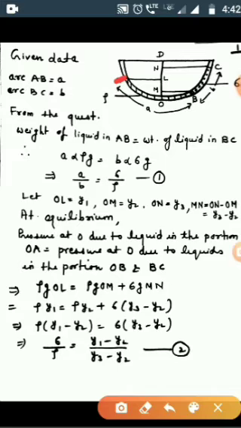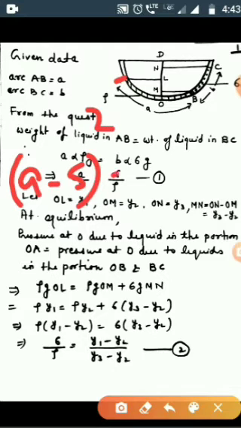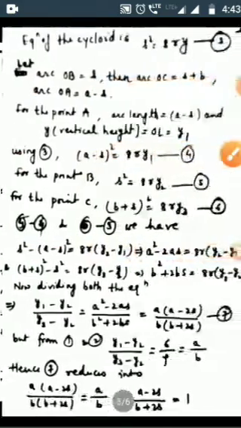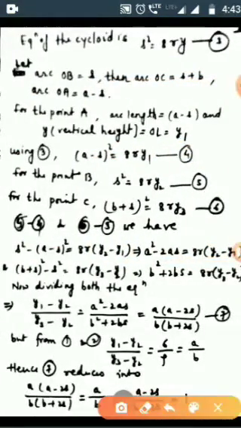At point A, the arc length equals a minus s, so the equation of the cycloid will be (a minus s) whole square equal to 8r, and the vertical height is OL, which is equal to y1. Similarly, we'll write the equations for points B and C, and we'll have equation numbers 4, 5 and 6.